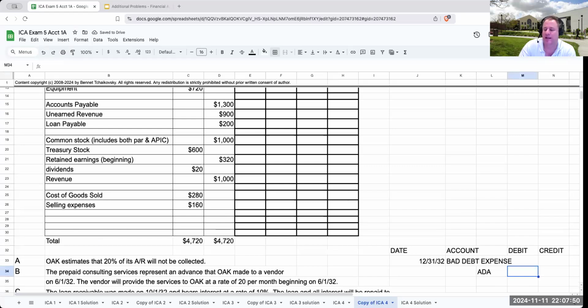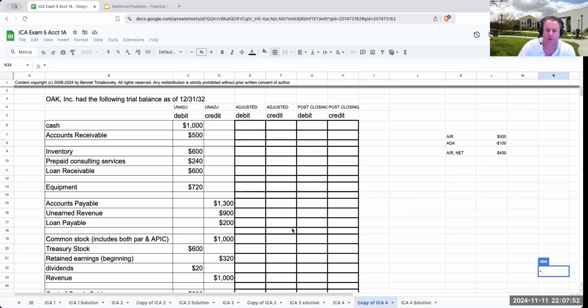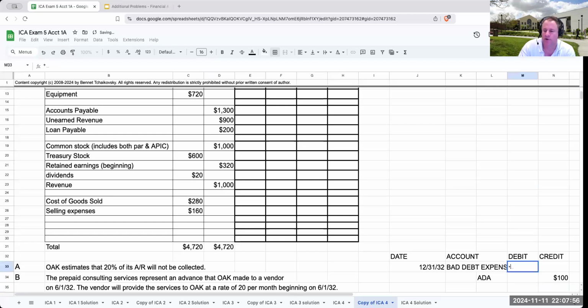So I'm going to credit the allowance for doubtful accounts for 100, and I'm going to debit bad debt expense.